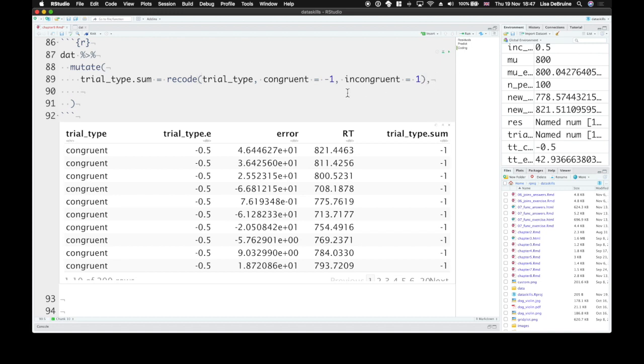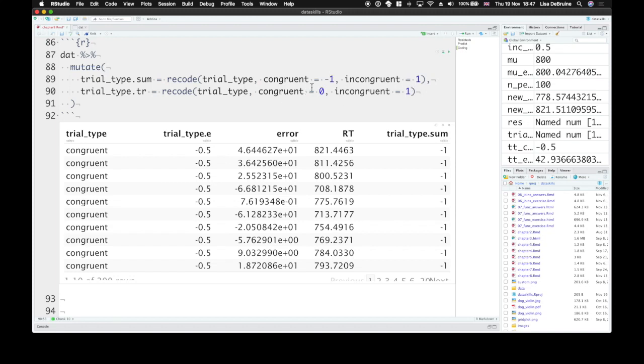We can also use what we call treatment coding. You might have heard it referred to as dummy coding, where we set one of our values as a baseline value. We'll set congruent as our baseline value, 0, and then your treatment effect is set to 1.